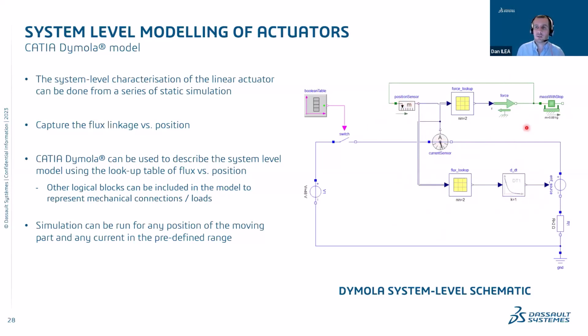We can add additional forces, loads, springs, and any other mechanical components, and simulate the entire system. And once we have this reduced order model of the actuator, running this system level simulation takes a second. It's almost instantaneous. So it allows you to very quickly and easily do what-if scenarios, connect other loads, and look at the full system-level view.